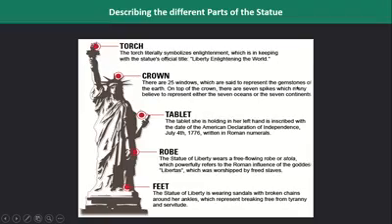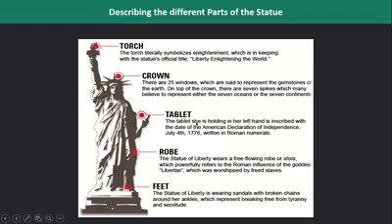Gemstones means jewelry. On the top of the crown there are 7 spikes which many believe to represent either the 7 oceans or the 7 continents. Spikes means pin.